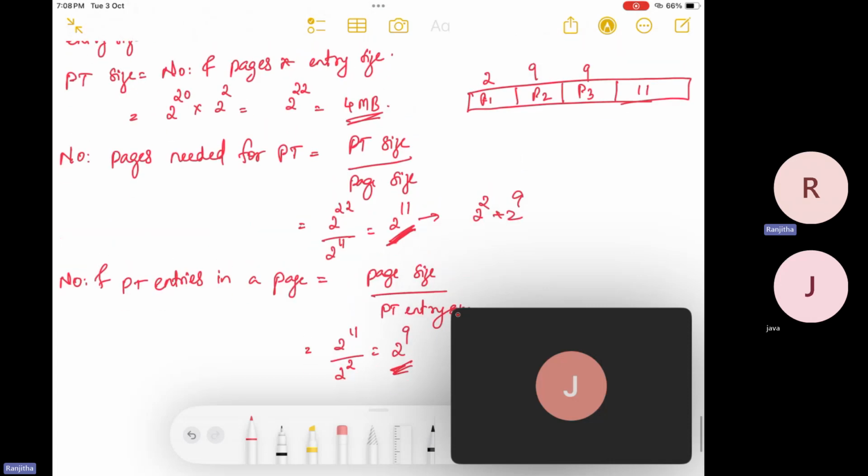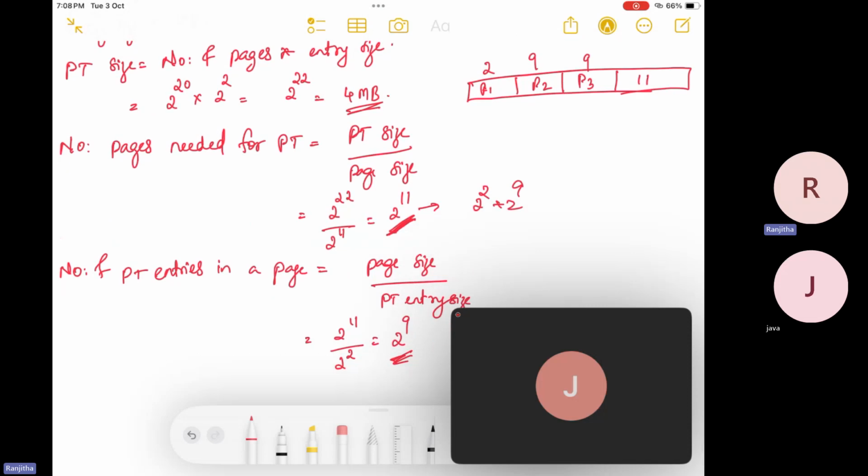So in this example, we actually need 3 levels of paging. First, the outer page will have 2 power 2, that is 4 entries. Then the next level will have that many, 4 different pages, and the next will again have that many different pages, and then we'll go to the final frame size.